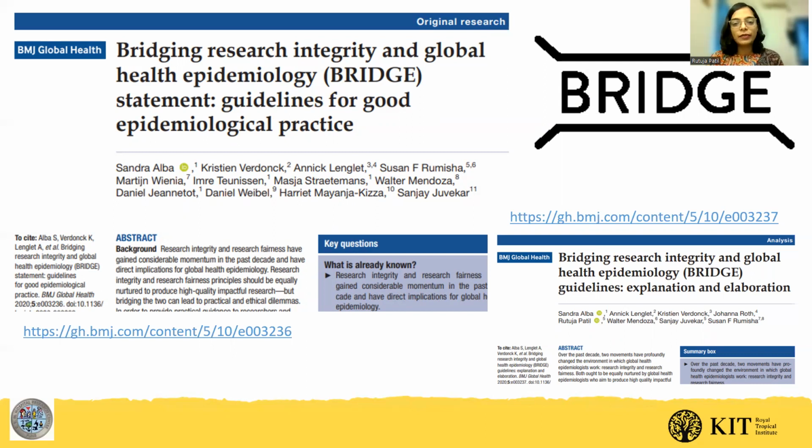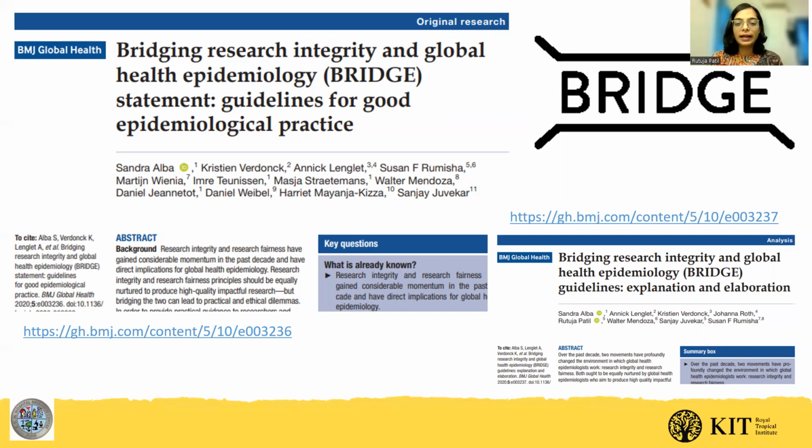So these guidelines were a two-stage process. The group first developed preliminary guidelines by reviewing existing literature, identifying elements of research integrity and fairness, synthesizing basic guidelines, and validating those.